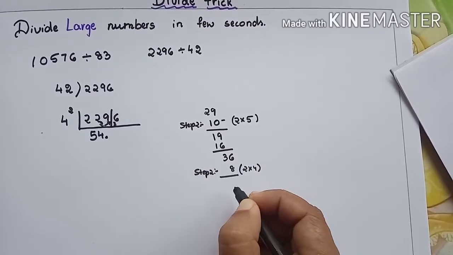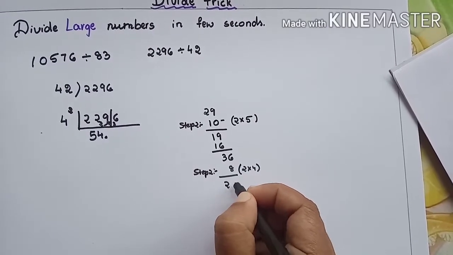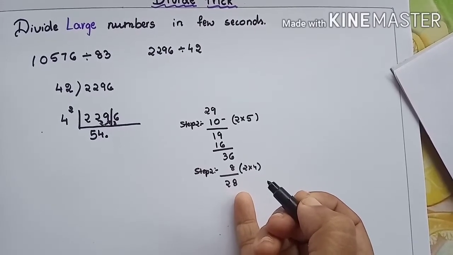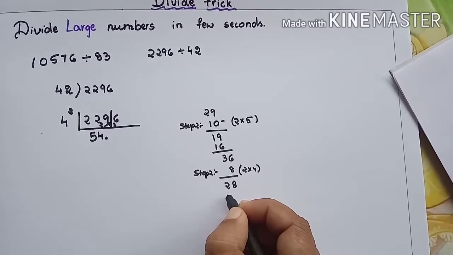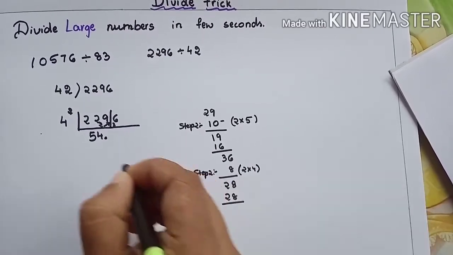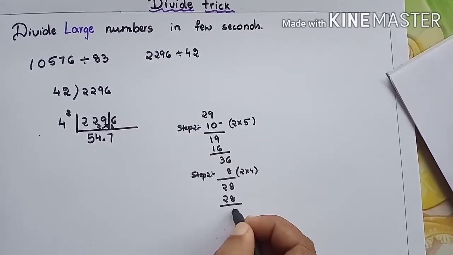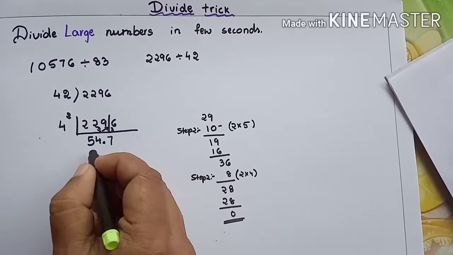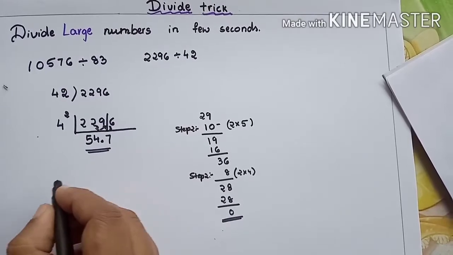So 36 minus 8 you have to do. It is 28. Now divide 28 by 4. 4 7s are 28, correct? And the remainder is 0. That means you have completed the division now. So the answer is 54.7.